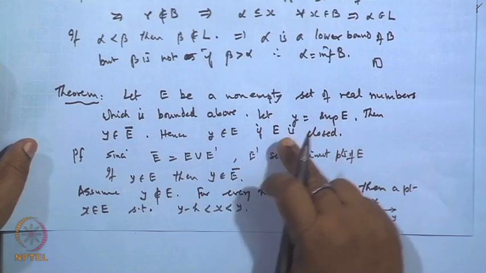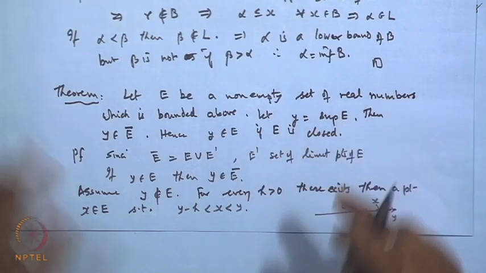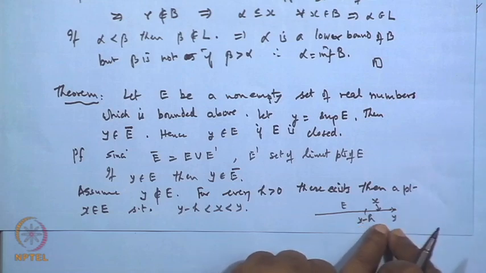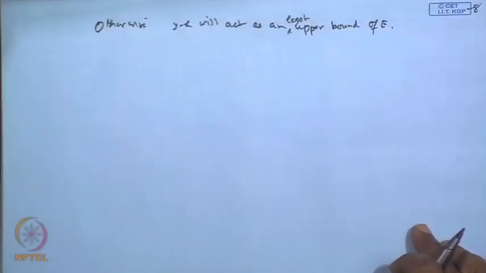So, as soon as you take a number slightly lower than y, then some number of E must be available. It means, between y minus h and y, one can always get at least one number x of E.